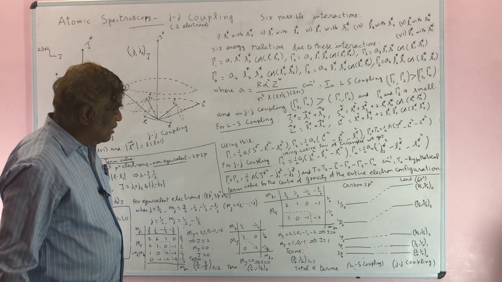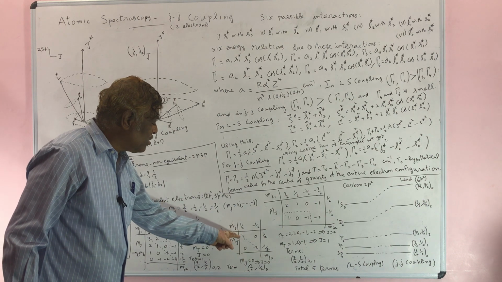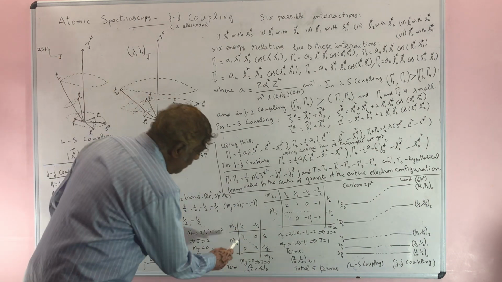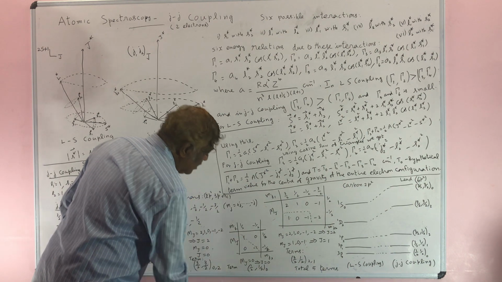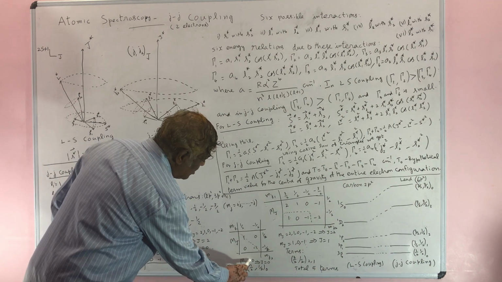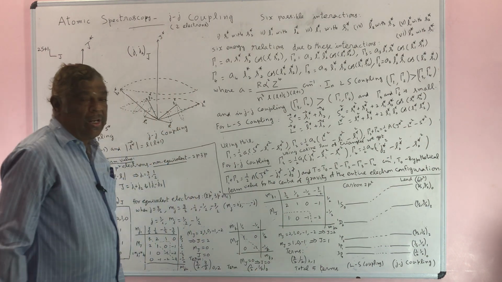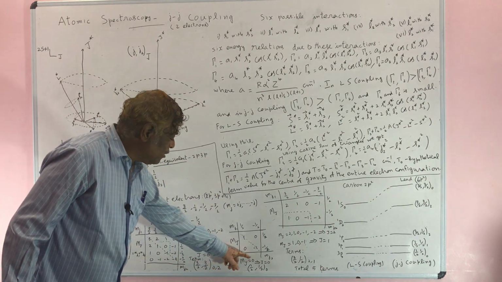You should not consider the diagonal terms, because once we choose this number, it will violate Pauli's exclusion principle. So the only possibility is capital MJ equal to 0, which corresponds to capital J equal to 0.